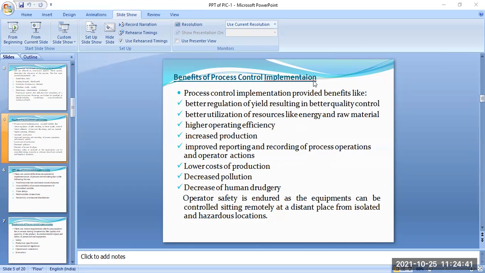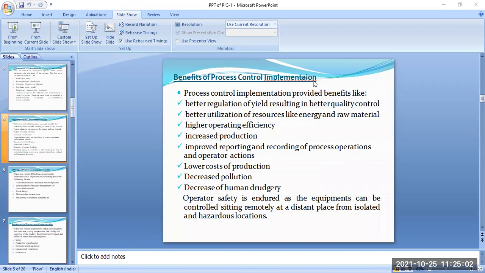Okay, so for these resources of energy and raw material, we have to use the particular plant and the particular desired input in the particular raw material. So that is the better utilization of resources like energy and also raw materials.